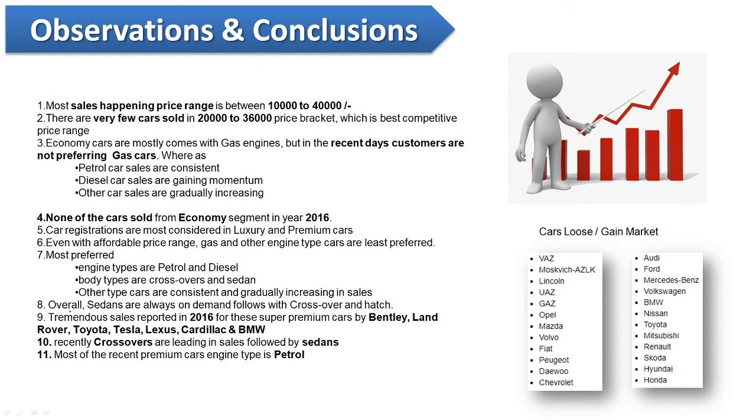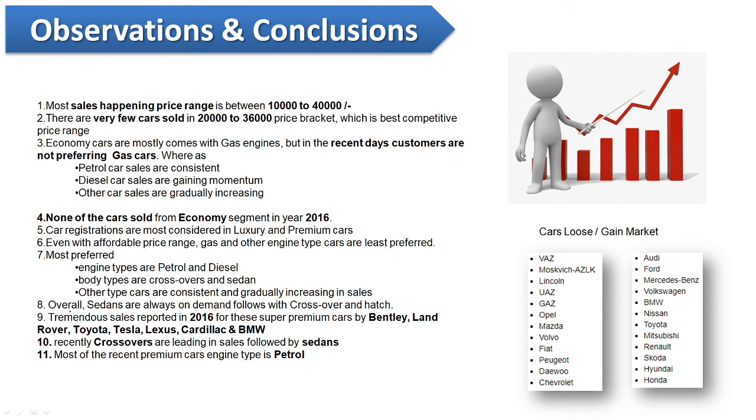Overall, sedans are always in demand, followed by crossovers and hatchbacks. Van and wagon type cars are least preferred. There were tremendous sales reported in 2016 for super premium cars like Bentley, Land Rover, Toyota, Tesla, Lexus, and so on.